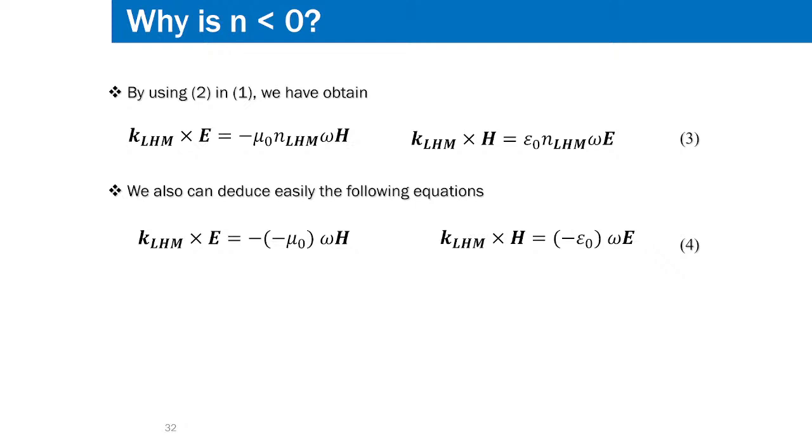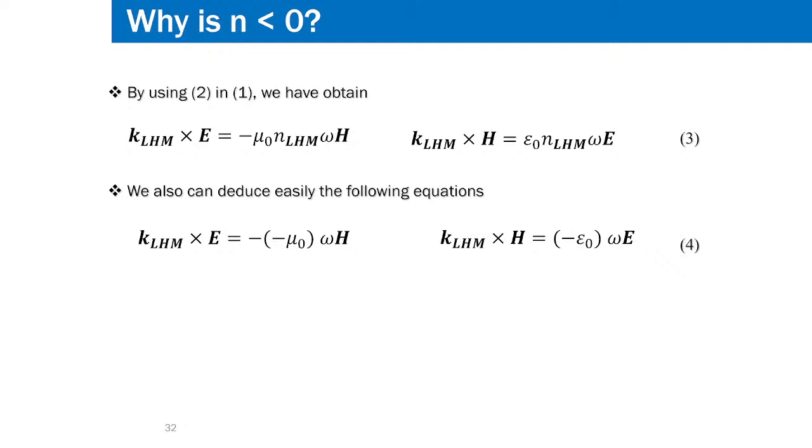K_LHM cross E is equal to minus of minus mu 0 omega H. How? Because K cross E is equal to minus mu omega H. Now for the DNG material or LHM material, mu is equal to minus mu 0, that we have seen or we have taken.